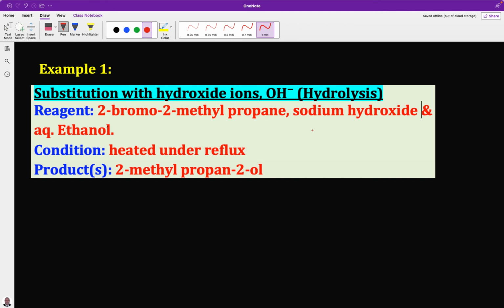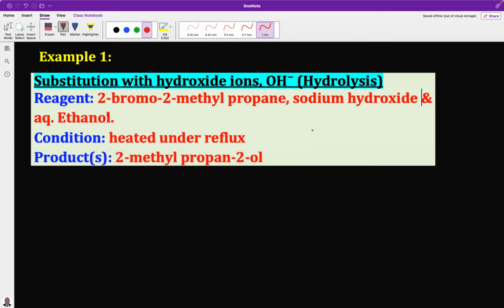The mixture is heated under reflux, and eventually the hydroxide ion substitutes the bromine, and a new product is formed. The product is 2-methylpropan-2-ol.